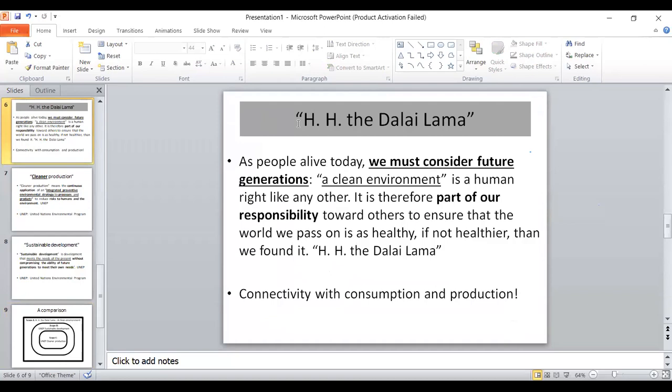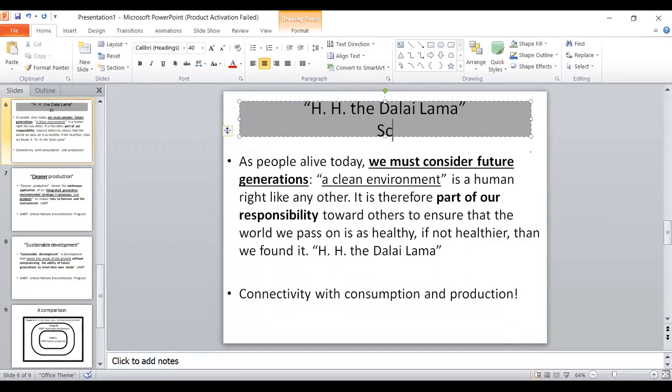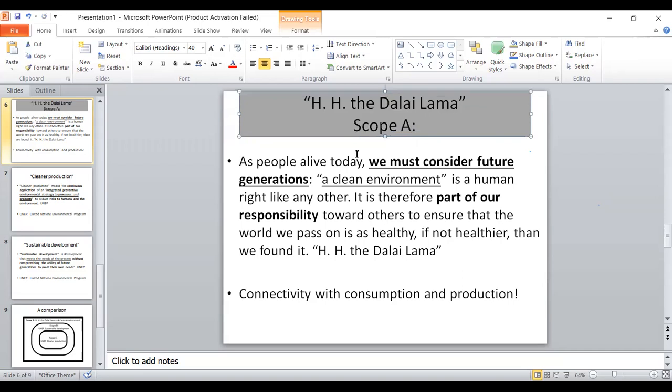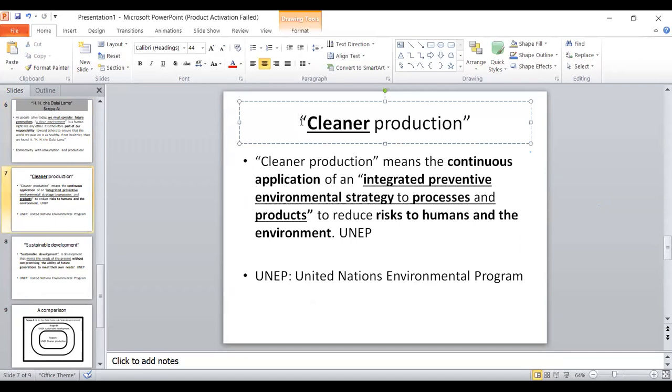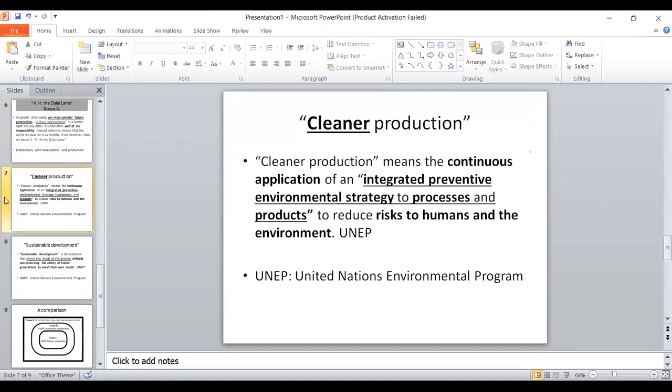Let's say this is the scope A, the view of His Holiness.